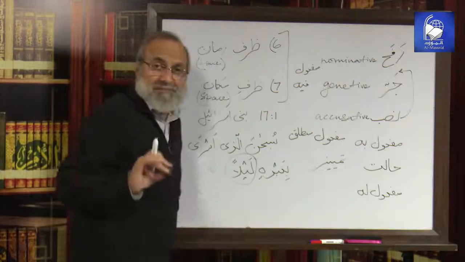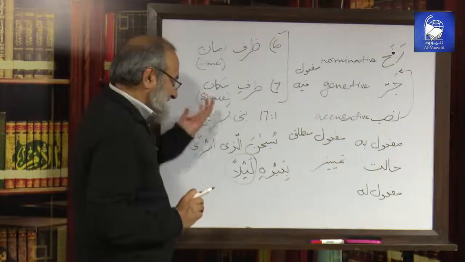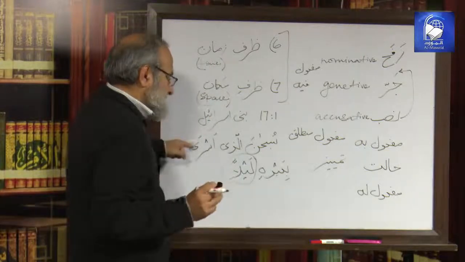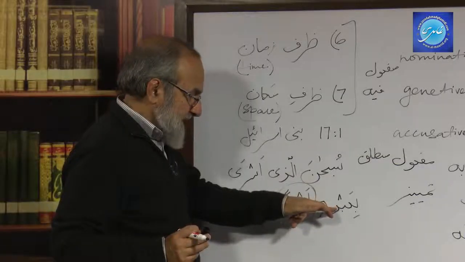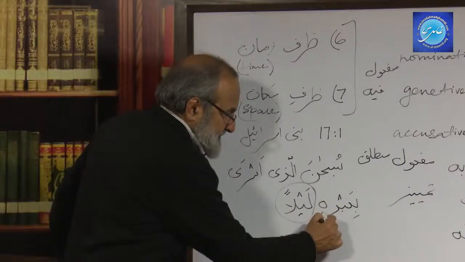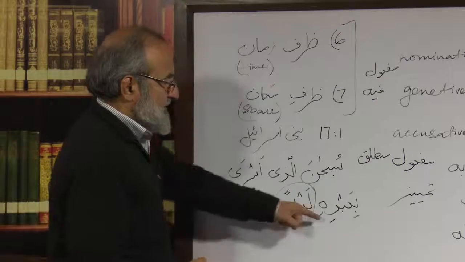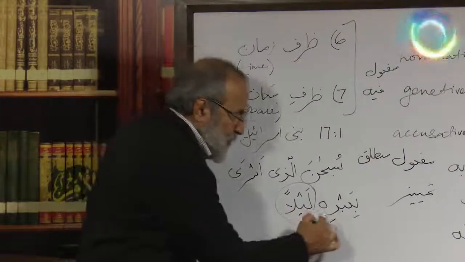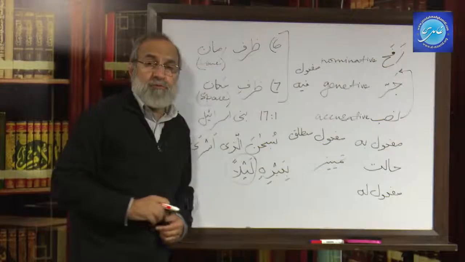I'm not in a mood to give the reasons, but questions should arise. This is verb. We have not touched verb as yet, but abd is a noun which, because of harf jar, is actually taking this jar form. Because of harf jar, it's genitive, and it's taking one instead of two because it is also mudaf.